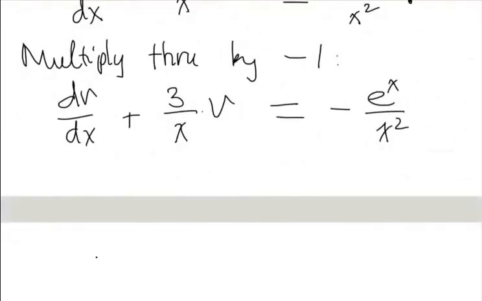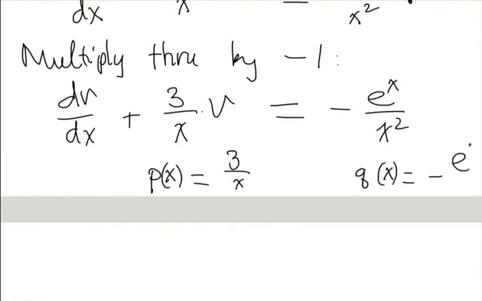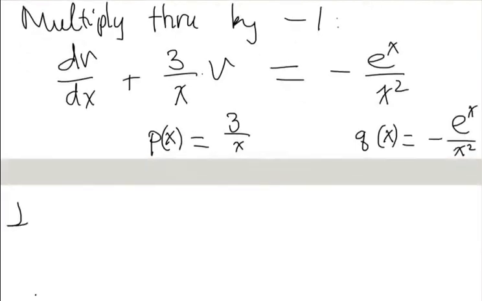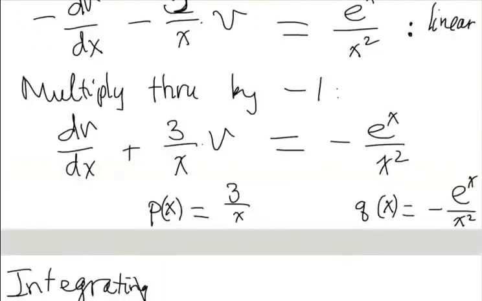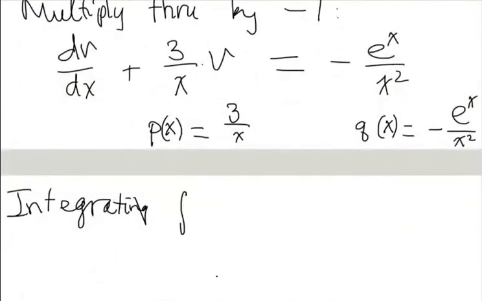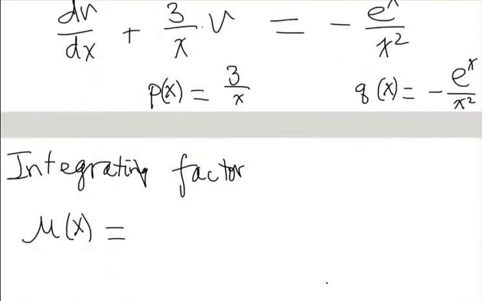Now it's in standard form. P(x) is 3 over x and q(x) is minus e to the x over x squared. As before, we need to find the integrating factor mu of x and solve for v. And after having v, we will go back and solve for y.